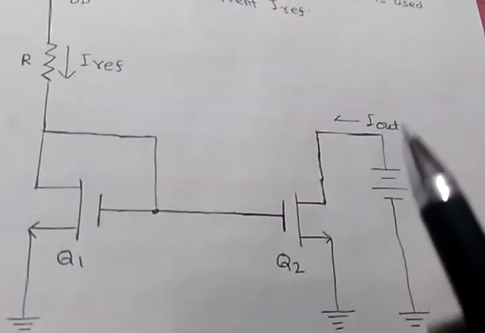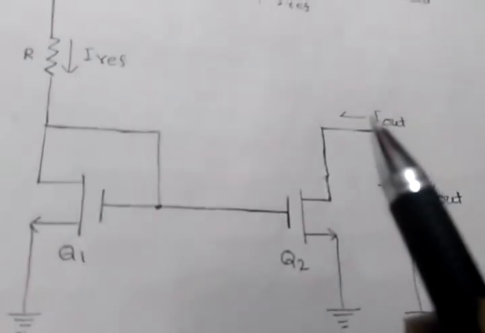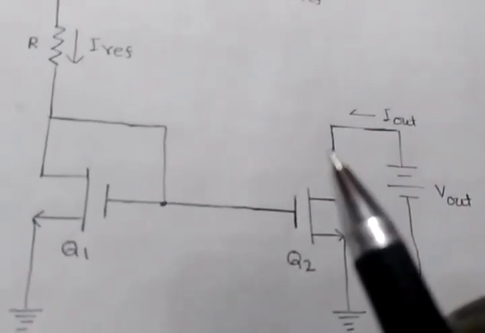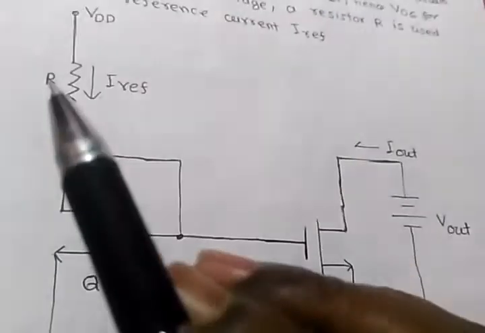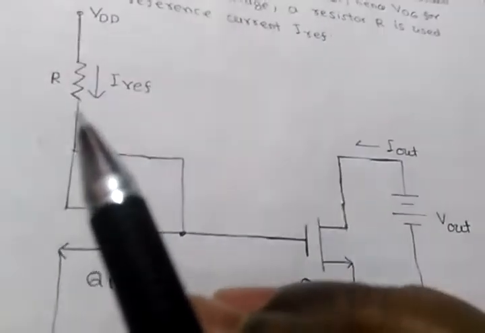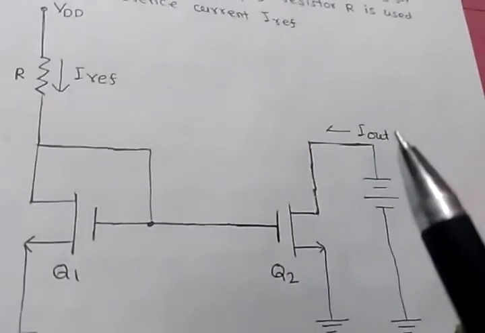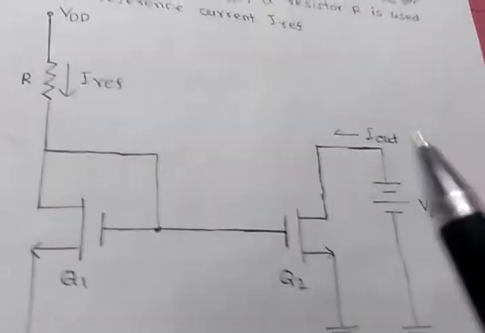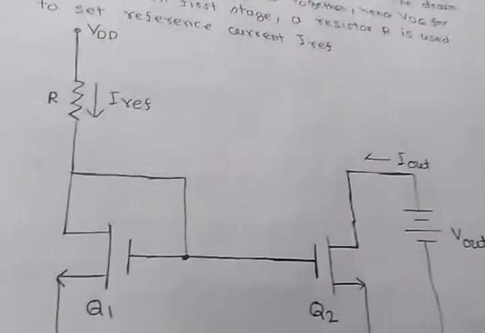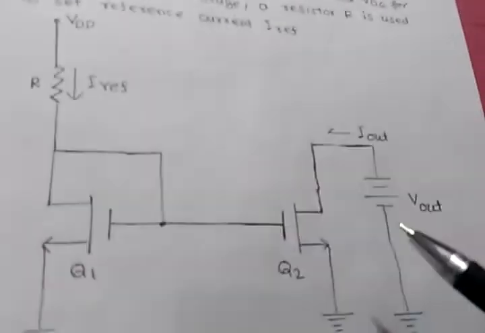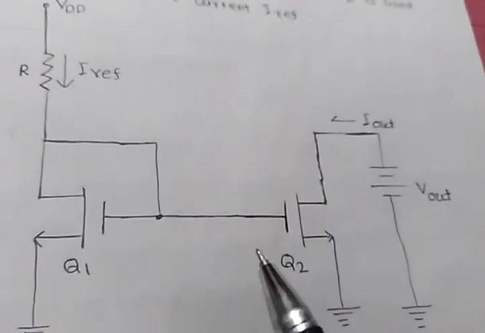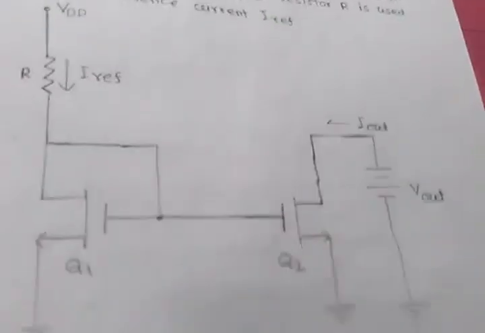Since the reference current is the same as the drain current of Q1, the output current will be the same as the reference current. In this way we can implement the constant current source using MOSFET.